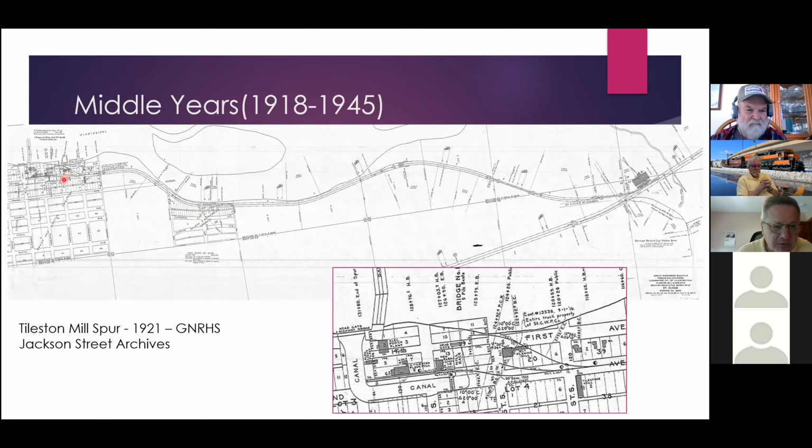The Bridgman Mill spur was still in there. They had the 2 tracks and then the switchback spur on the elevator at the Great Northern Milling Company. Here are the close-ups again: the Bridgman spur, the spur to the coal yard and the Tileston Mill. This is as complex as the trackage ever got.